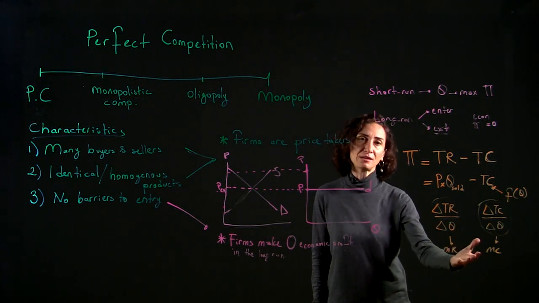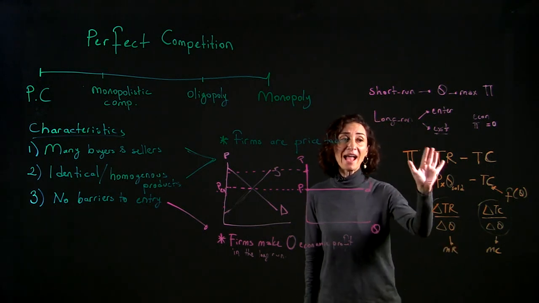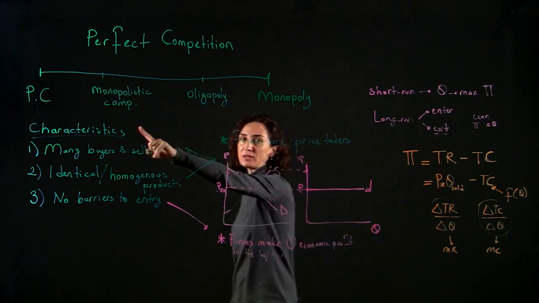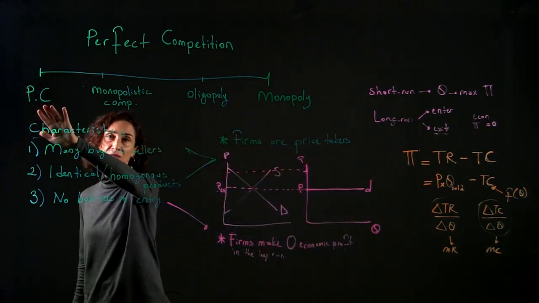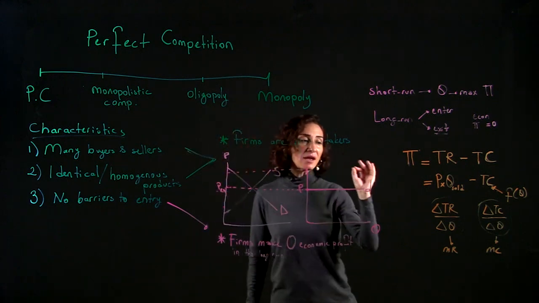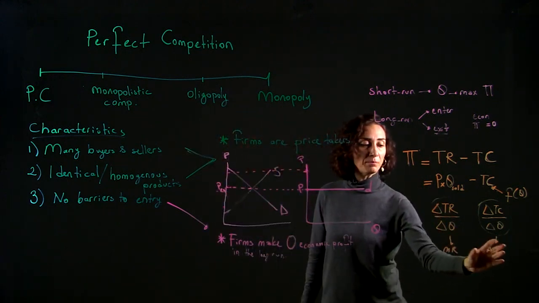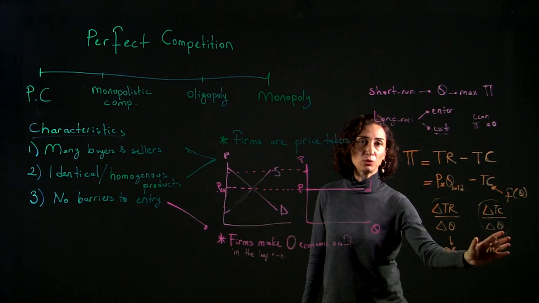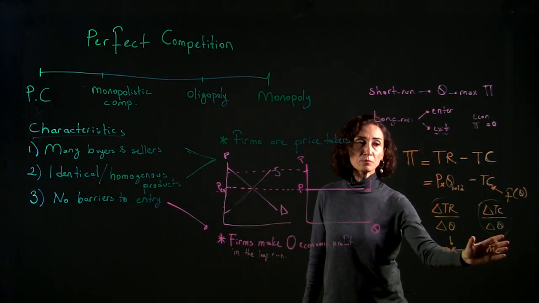So that's a perfect example of this. I'm not only talking about perfectly competitive firms. For any firm, they are actually making a comparison between marginal revenue and marginal cost.